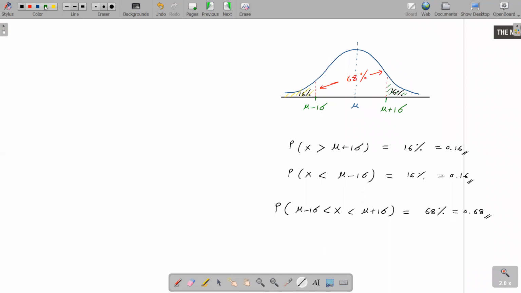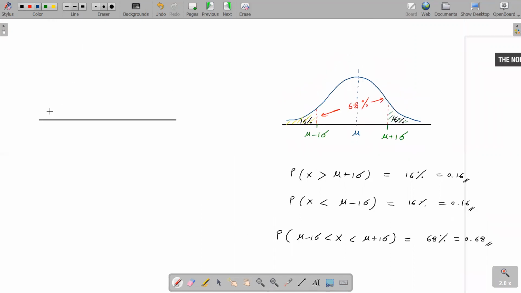Within 2 standard deviations of the mean, this is the graph, and this is the mean.